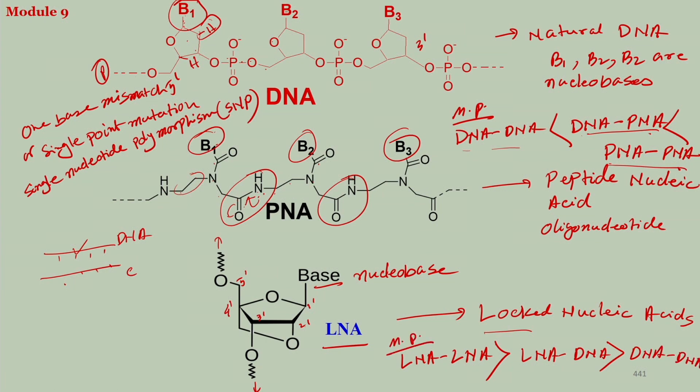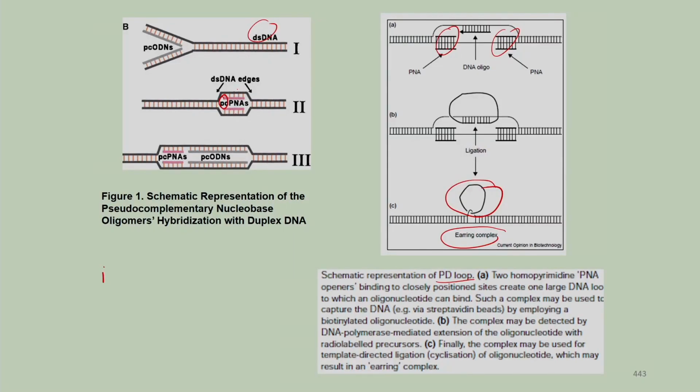Now, I will give you one example. Let us say you have ATGC, 1, 2, 3, 4, 5, 6, 7, 8. This has an 8 base pair sequence, right?